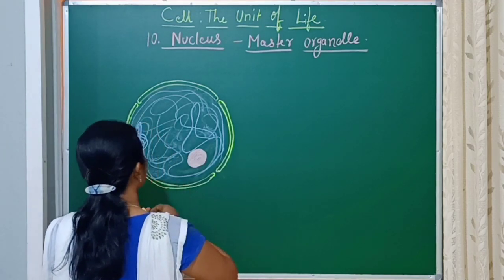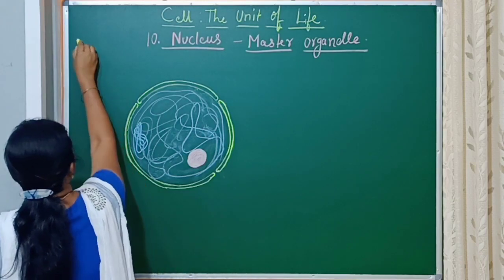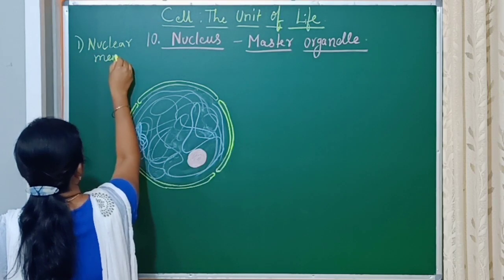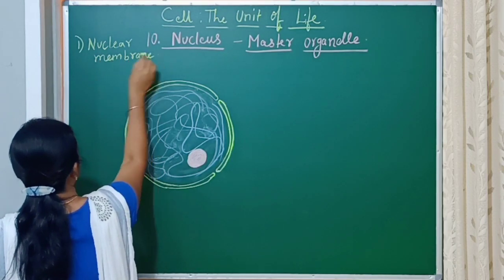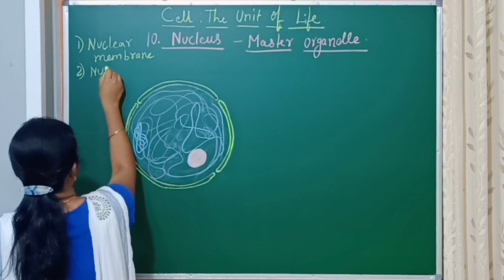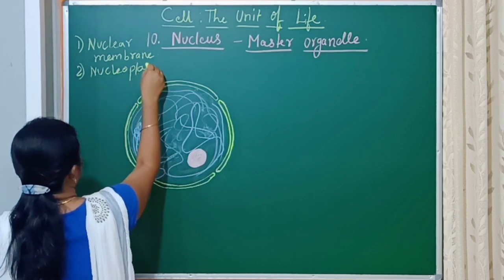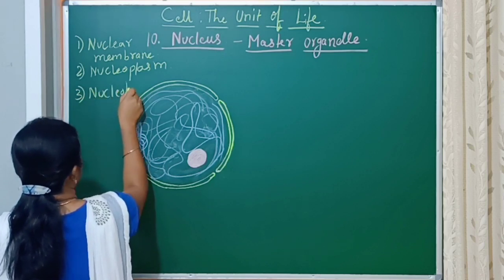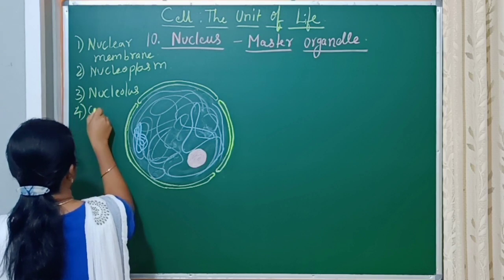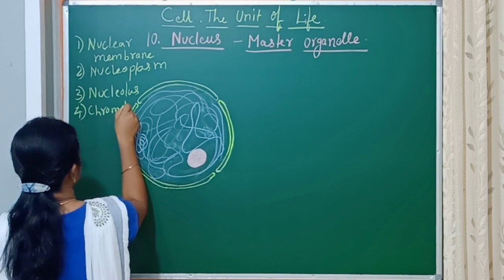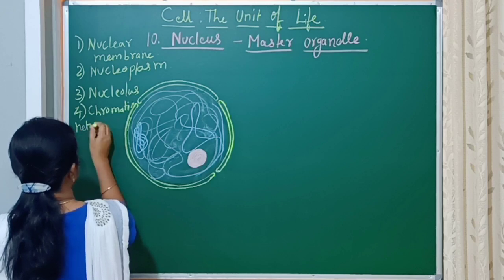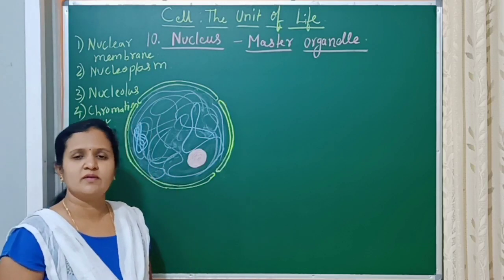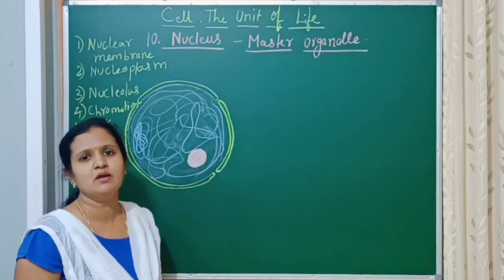The first is the nuclear membrane, the outermost layer, and the second is the nucleoplasm, then the nucleolus, and the chromatin network. These are the 4 important parts in the nucleus.